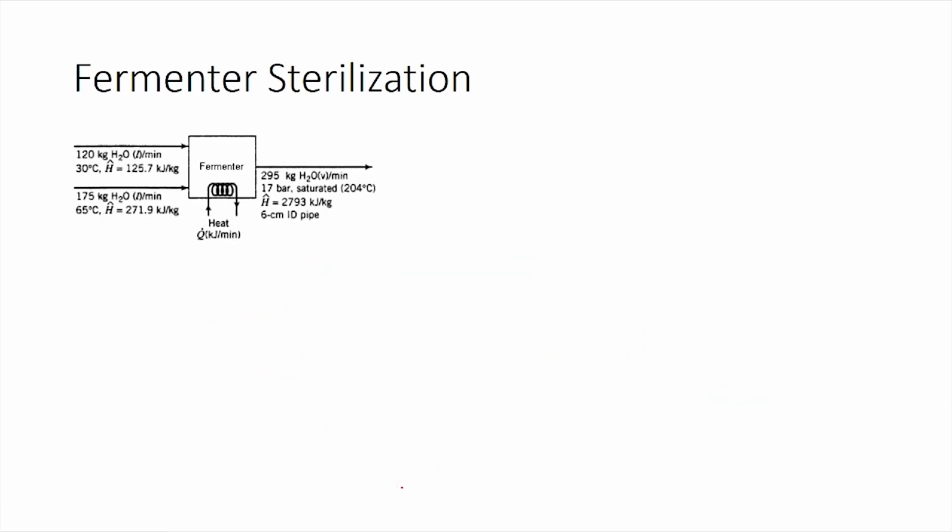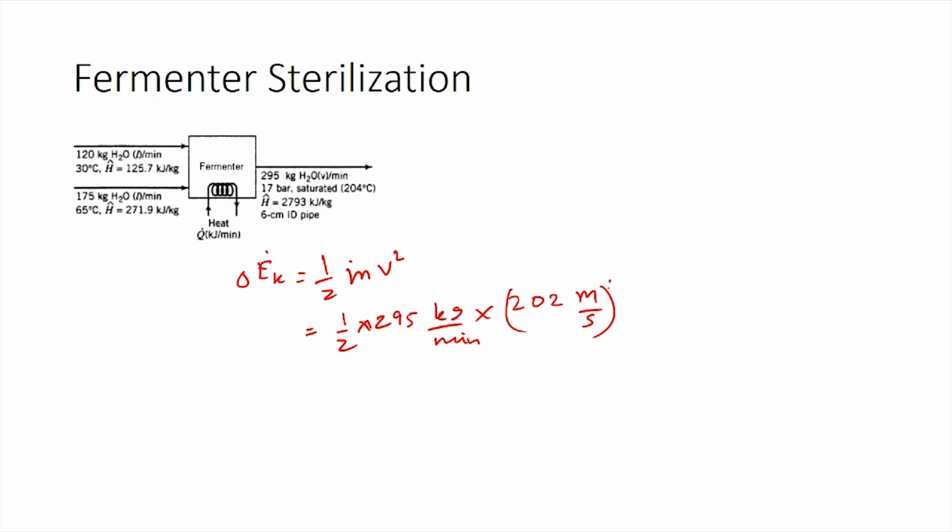Now that we have the velocity, we can calculate kinetic energy, which is delta Ek dot as half m dot v squared. Here m dot is 295 kilograms per minute, and we have velocity in terms of meters per second given as 202. So, this kilogram meter squared per second squared will be converted to kilojoules because that is the derived unit.